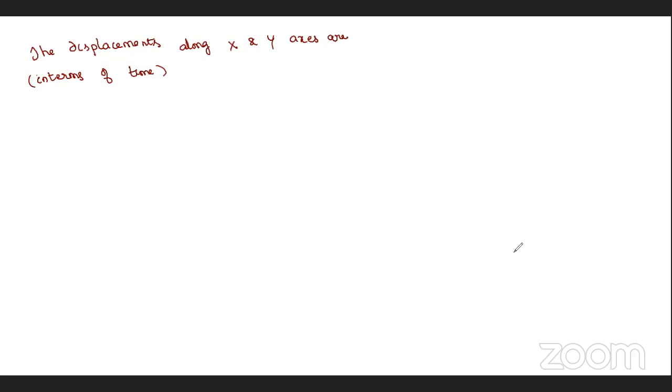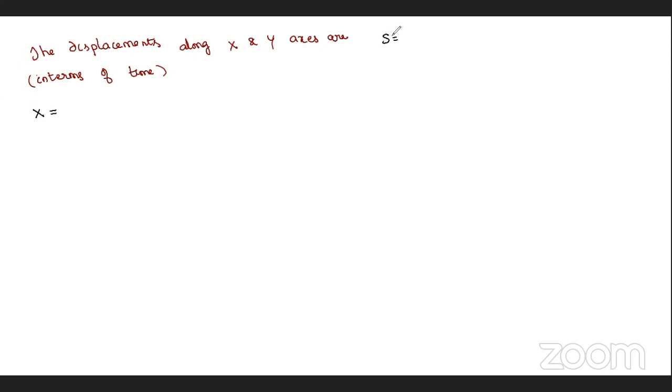Very good. x is right, both are correct. Amog responded. What about others? I'm asking displacement, x equals or y equals. I'm going to use s equals ut plus half a t square.